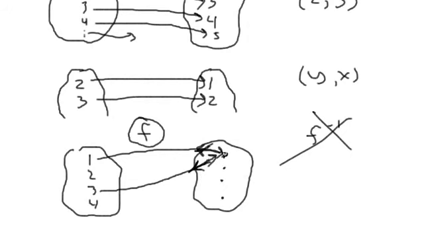For something in your domain to get mapped back to 2 things in your range, that's not a function. So this is drawing a picture of what we're talking about when we talk about domain and range.